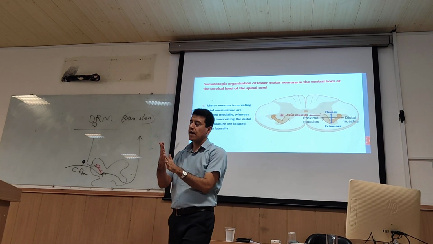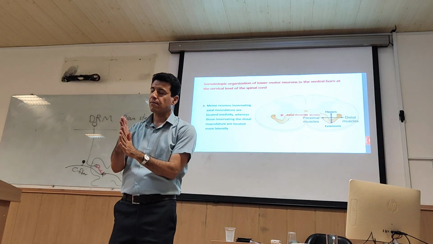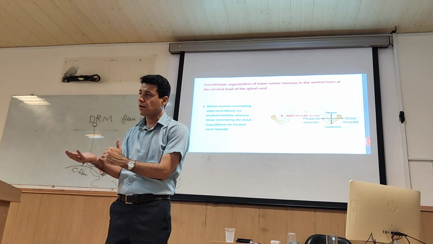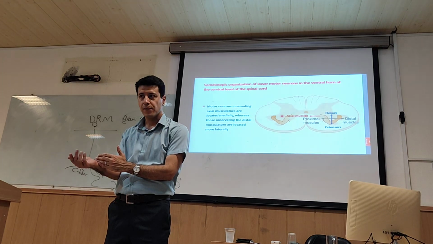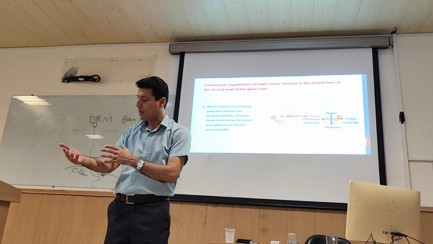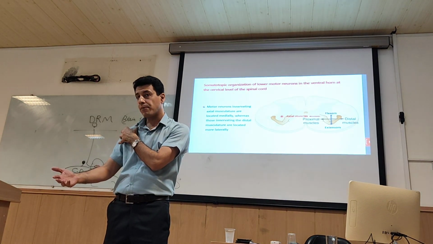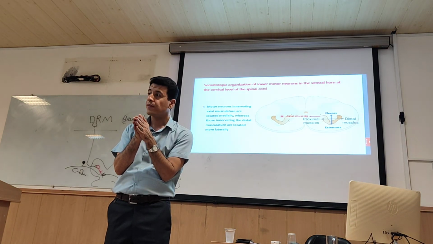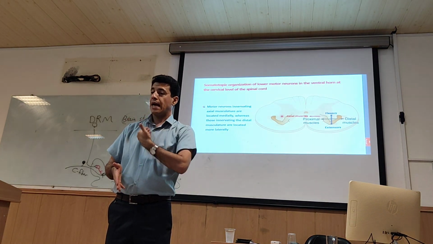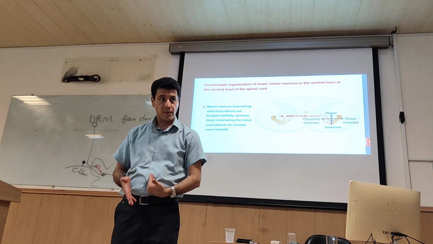So alpha motor neurons located most laterally innervate distal part. Alpha motor neurons located in the middle or toward the medial side innervate proximal part of the arm. And alpha motor neurons that are located in the most medial side innervate axial musculature.